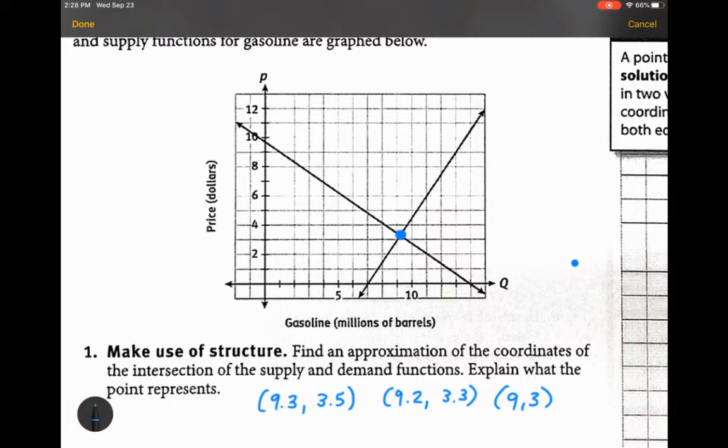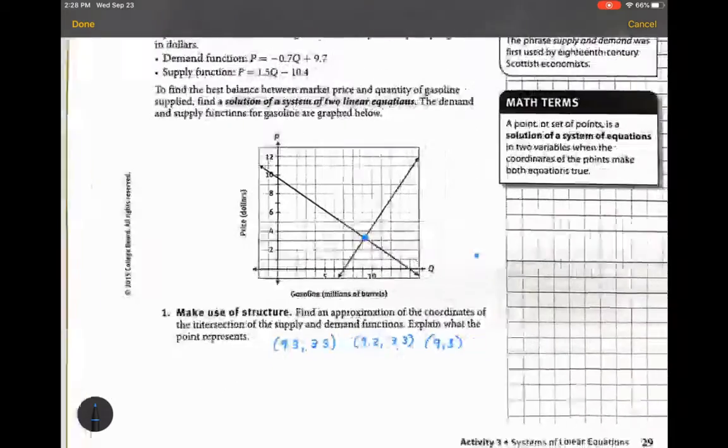I don't want to over purchase things, and I don't want to under purchase things, because that costs people money. If I can figure out where my supply and my demand are going to come together, then I can have a better idea of how I need to purchase things and how I need to price things, and that's going to save money in the long run. So we're talking about where supply and demand are coming together.